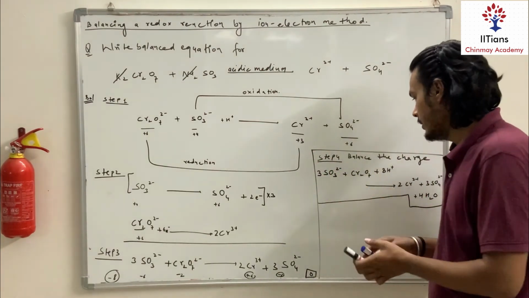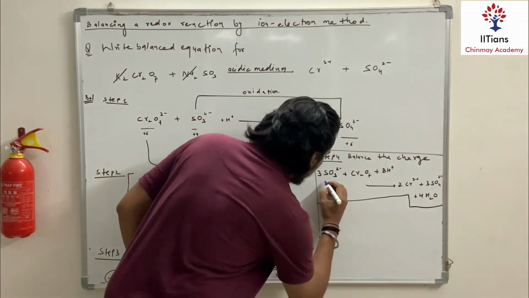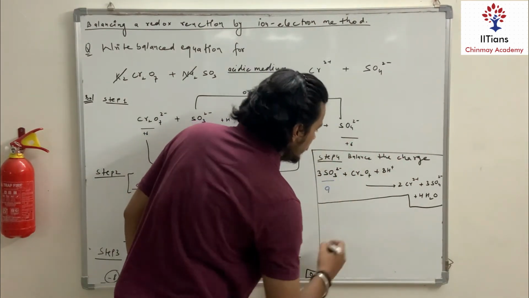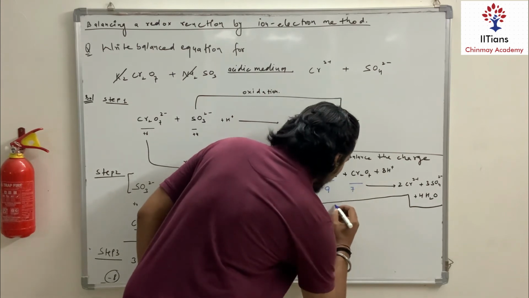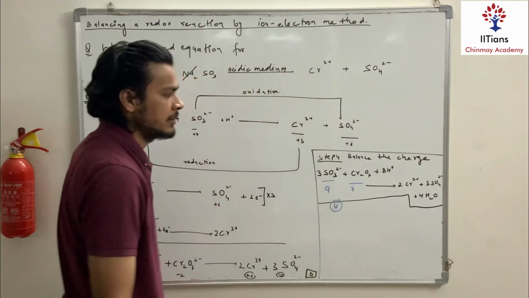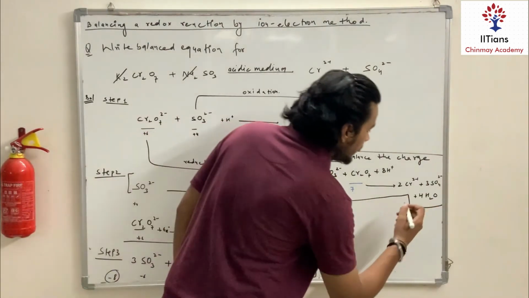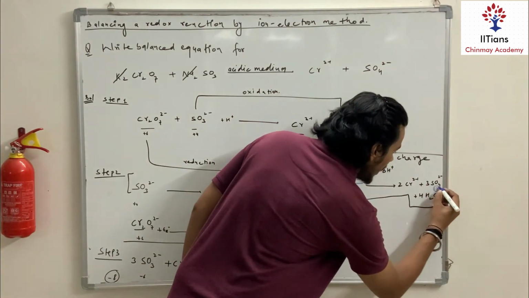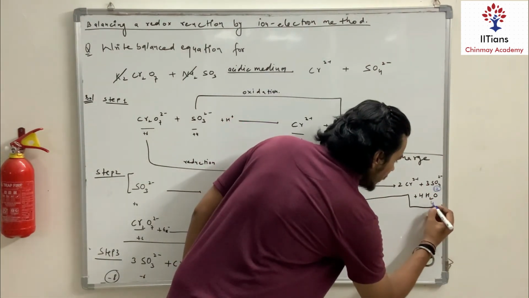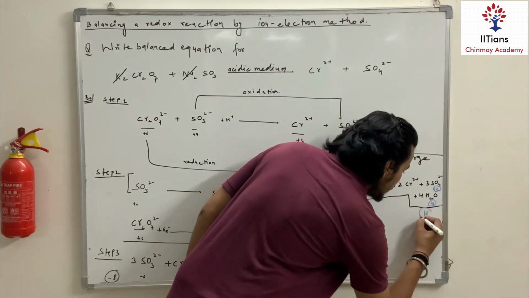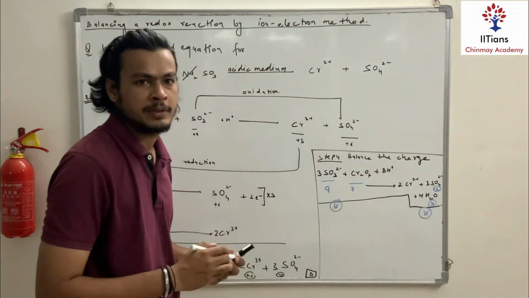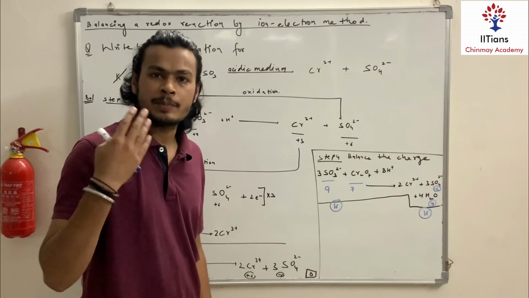So let's check that. Here we have 9 oxygen atoms, here we have 6 to give 16 oxygen atoms on the reactant side. On the product side, here you have 12 oxygen atoms, and from here you have 4. So you have 16 oxygen atoms on the reactant as well as the product side.